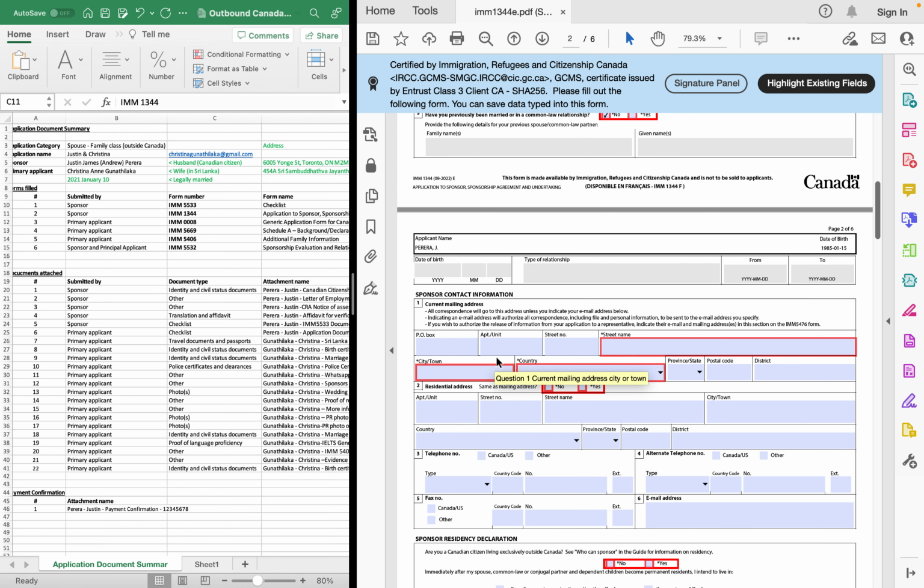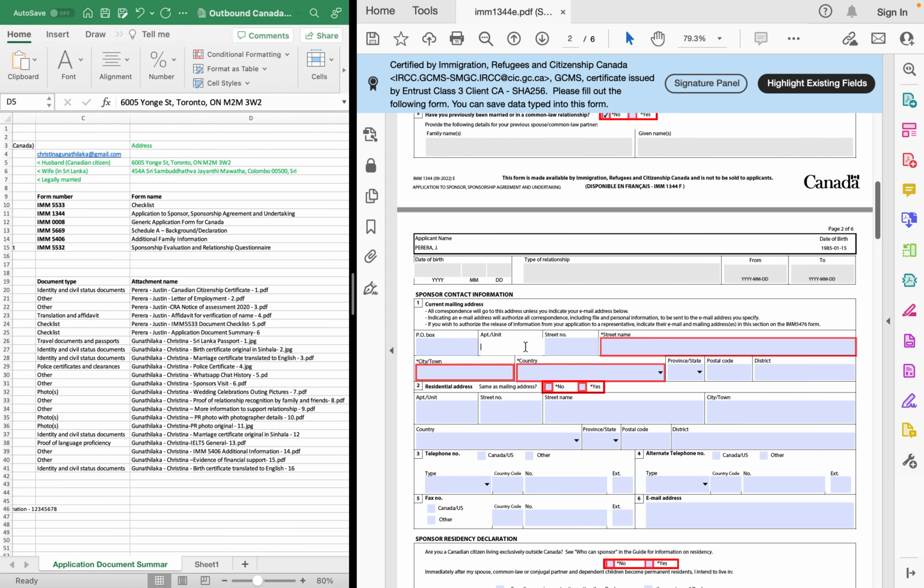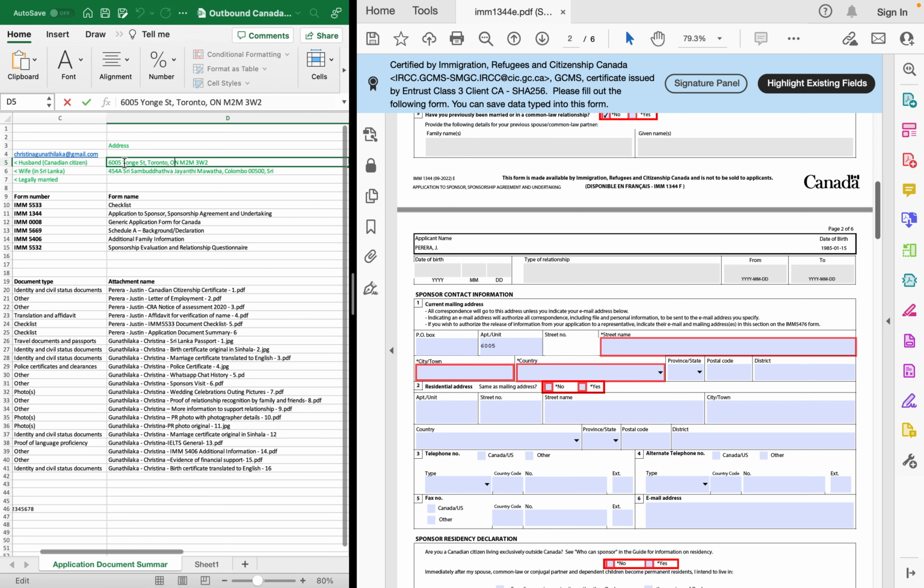Okay, and then now this is asking about the sponsor's contact information. I told you we are now using some dummy data for this one. So now this person is in 6005. Street number is not relevant, and that person is on Young Street, and then the city is Toronto. Let me make it capital as it's ideal to maintain it.